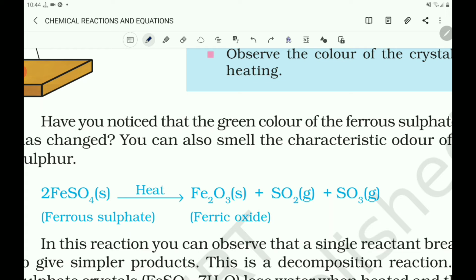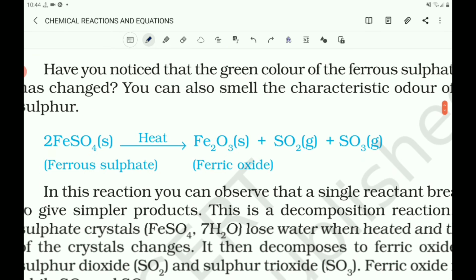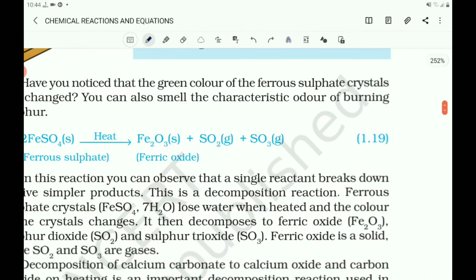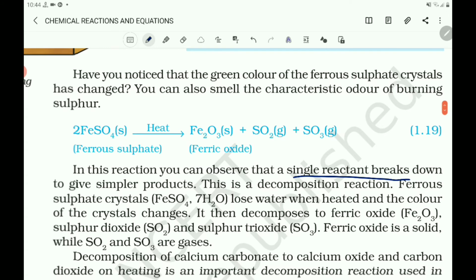Here, what can you observe in this reaction? A single reactant breaks down to give simpler products. So this is called a decomposition reaction.